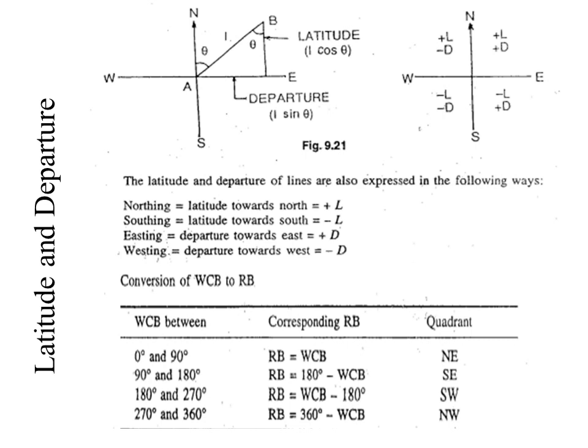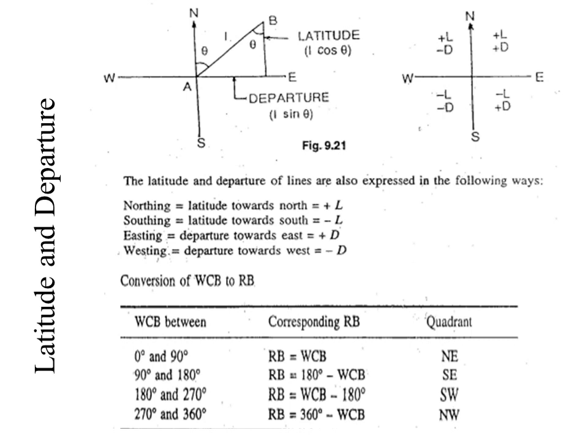For example, if the WCB is between 0 to 90 degrees, then reduced bearing equals whole circle bearing, and that line lies in the northeast quadrant. Similarly, if the whole circle bearing is in the range of 90 degrees to 180 degrees, then reduced bearing is calculated as 180 degrees minus whole circle bearing. That line is lying in the southeast quadrant.